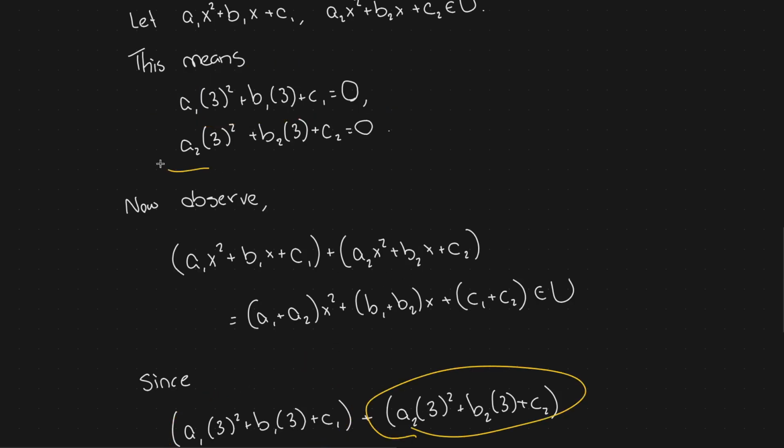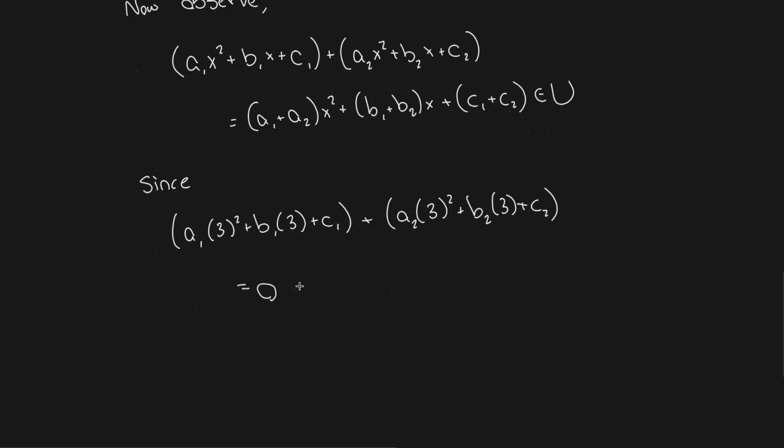Similarly, this is just the second polynomial when I plug in a 3, and we know because that's a polynomial in subset U that when I plug in 3, I get 0. So that will also be 0. So I'll get 0 plus 0, which is just 0.